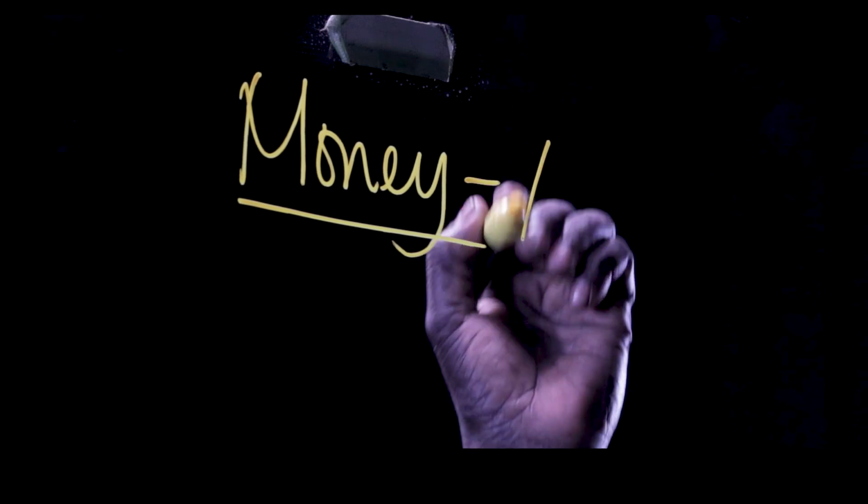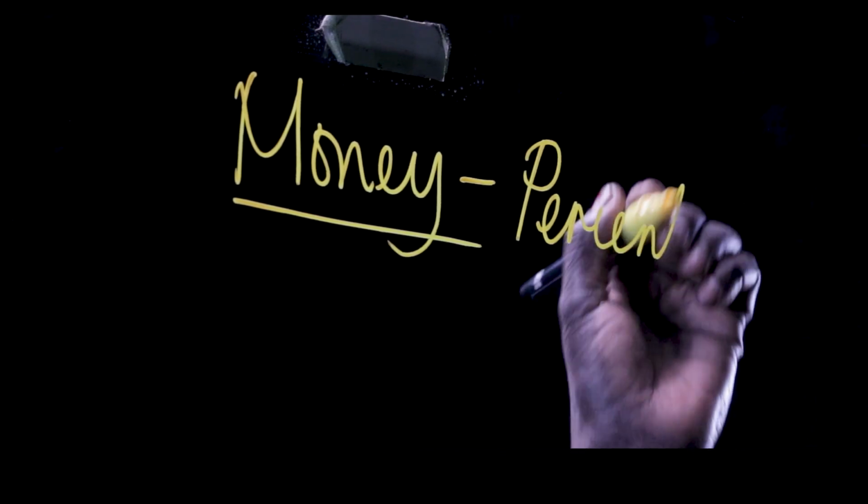In today's world, where inflation is very high, especially in Papua New Guinea, we have to make the most use of the money that we have. But we can only do that by increasing the amount that we have or by purchasing items at a reduced price. That's where percentage of money comes in.